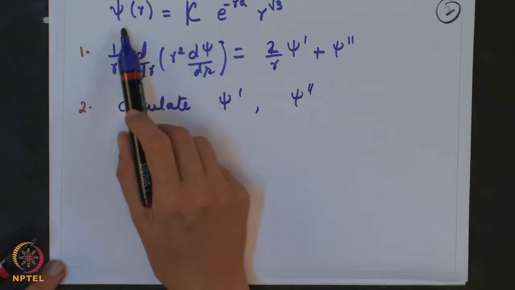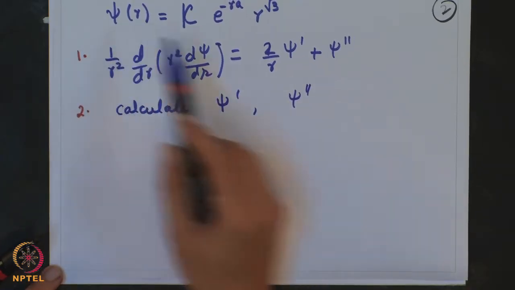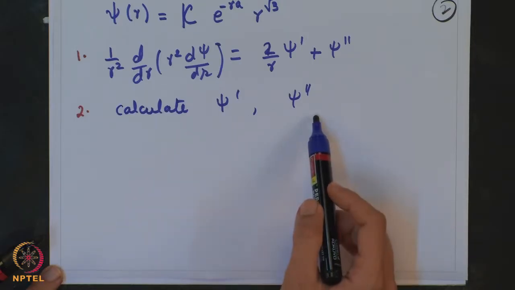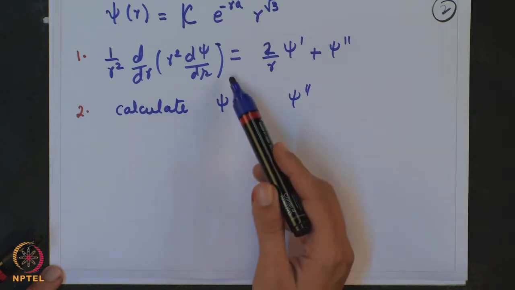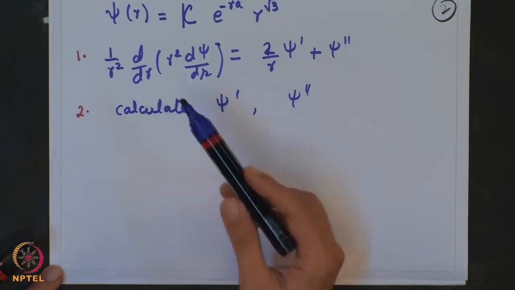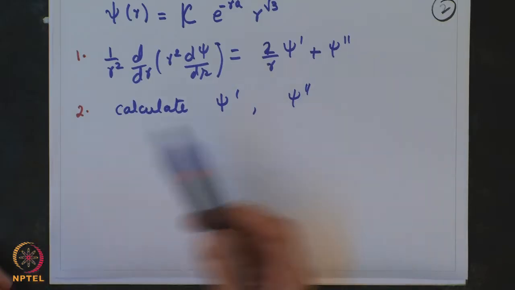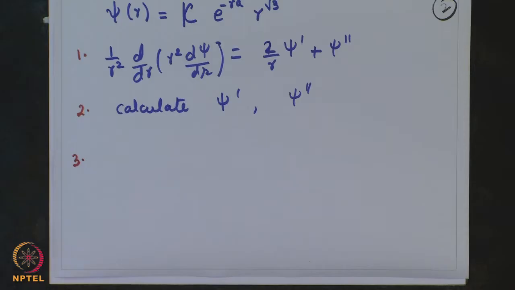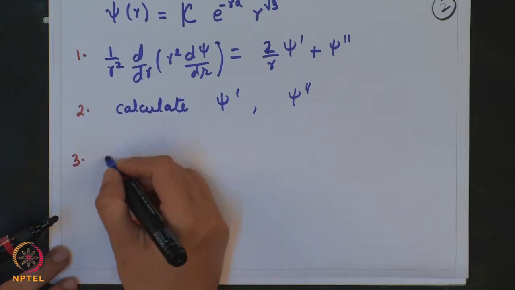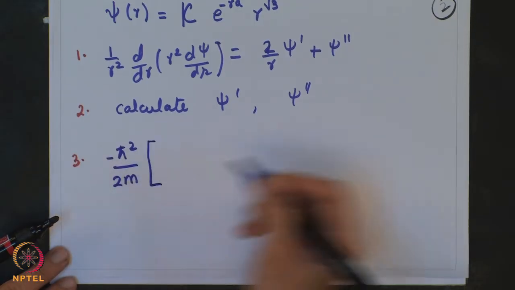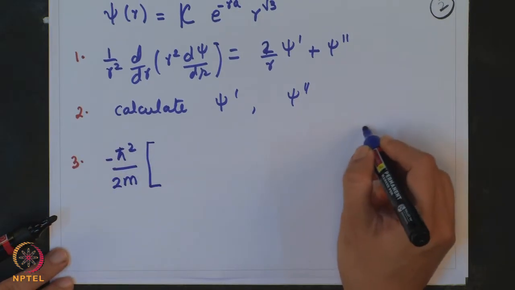You have psi as a function of r and you will evaluate these two quantities and then substitute them in point 1, and after doing that you go back and substitute this in the Hamiltonian. So, point 3 will be, I will have h cross square upon 2m, the part which you will calculate.